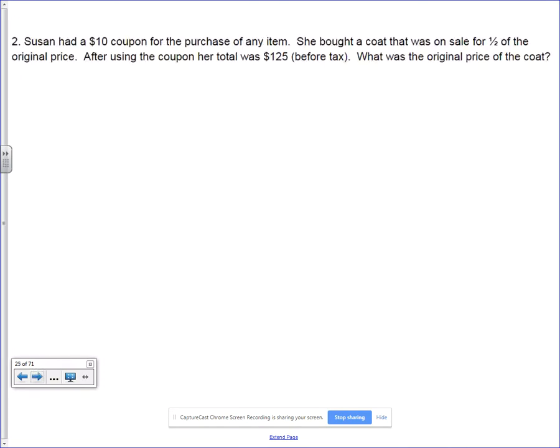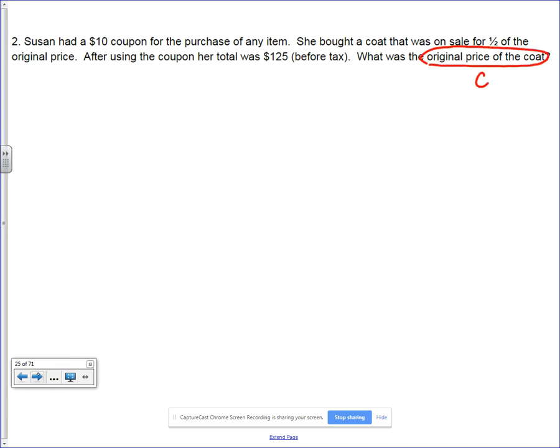All right, go ahead and read here about Susan buying herself a new coat. The first thing I need to know is what's the unknown. I want to know the original price of the coat.